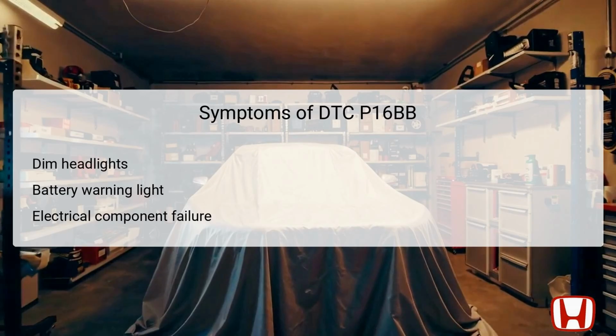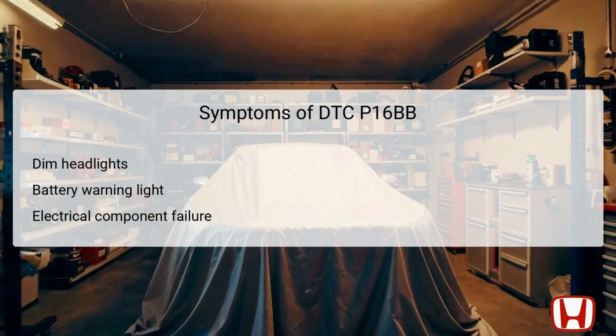Drivers may also see a battery warning light illuminating on the dashboard, alerting them to potential battery-related issues stemming from the alternator's inability to charge it. Furthermore, various electrical components may begin to fail or operate erratically due to the lack of stable voltage. These symptoms can not only impede the vehicle's operability, but lead to more significant issues if the power supplied is not addressed promptly.